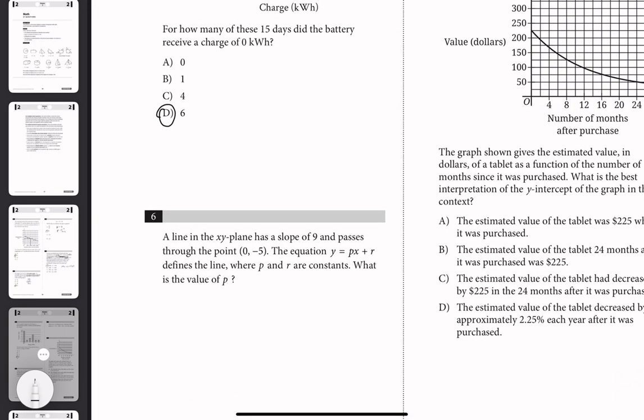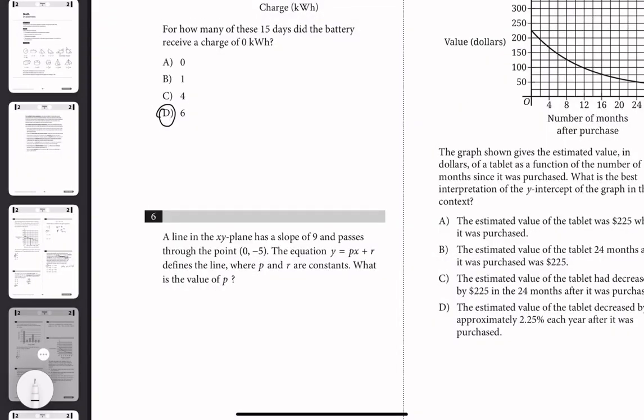A line in the xy plane has a slope of 9 and passes through the point (0, -5). The equation y equals px plus r defines the line, where p and r are constants. What is the value of p? Okay, so remember, y equals mx plus b, but here it's just saying y is equal to px plus r.